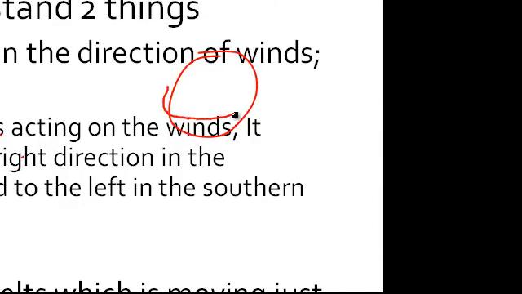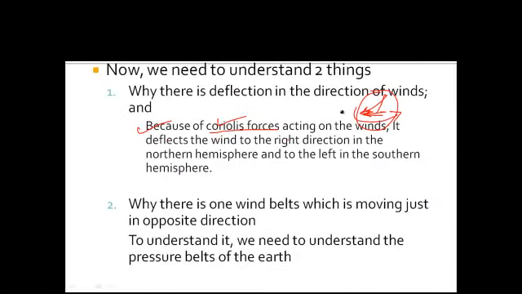Earth rotates from west to east, and if we move from west to east, in general every moving object on this, like air or water, will be pushed in just the opposite direction. We can say relatively it will be pushed toward this direction. So if wind is moving from poles to equator, it will be deflected. This is the reason for the deflection of winds in the north as well as the south hemisphere.